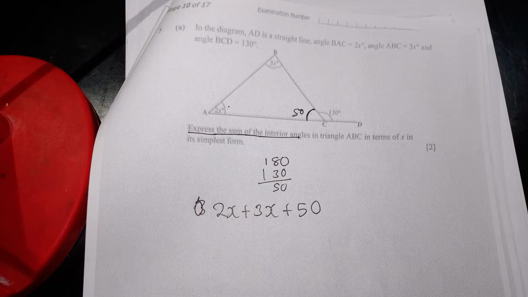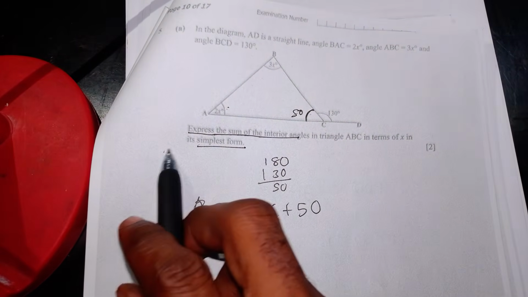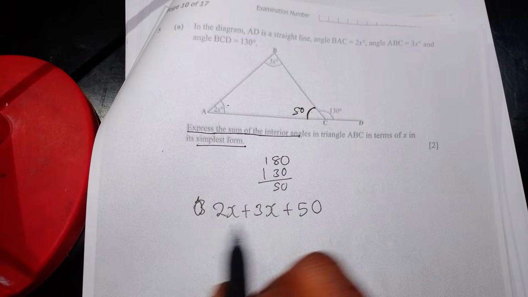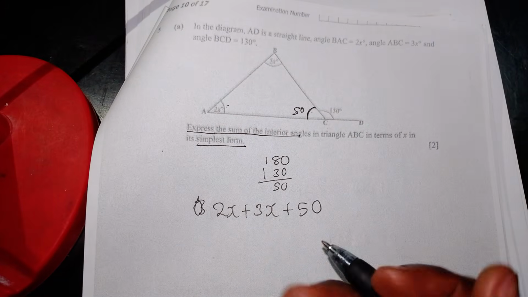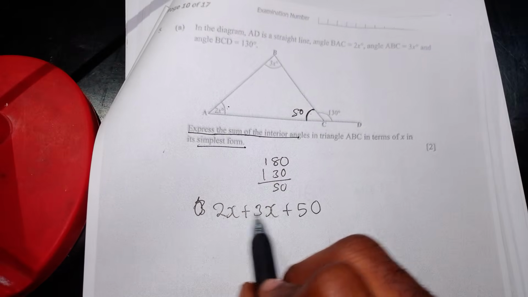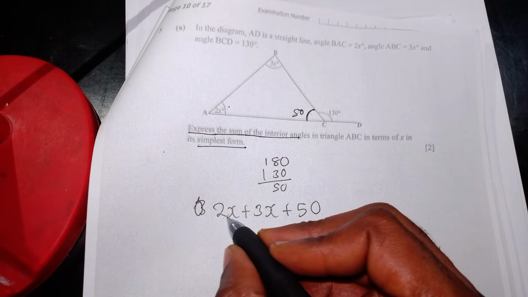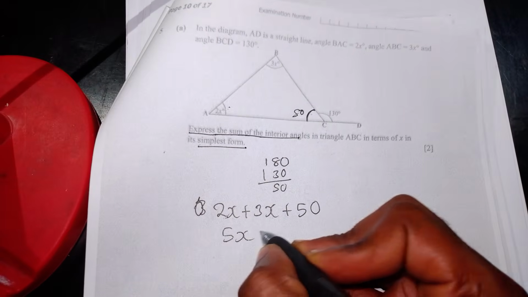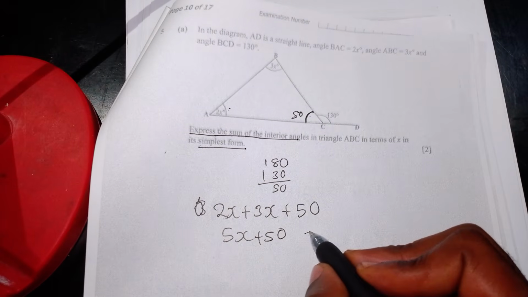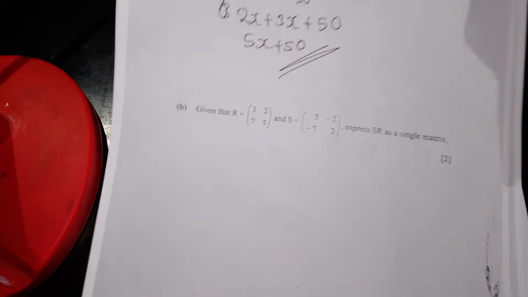Am I done? No. The last part is saying in its simplest form. So this is not the simplest form I can give my answer in. So I have to add these two because these are like terms. So this plus this will be 5x plus 50. And now I'm done. So that's easy.